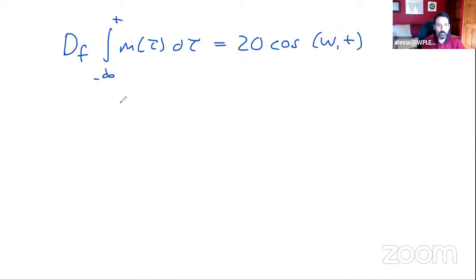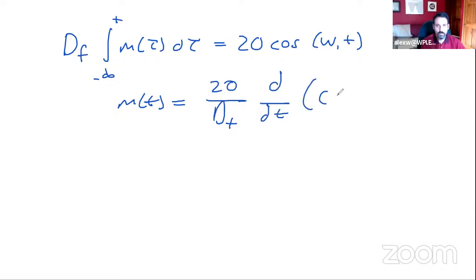So what I would do in order to get m of t, I would need to do 20 over df, correct, take the derivative of cosine. And again, what would that be equal to? That would be equal to that.